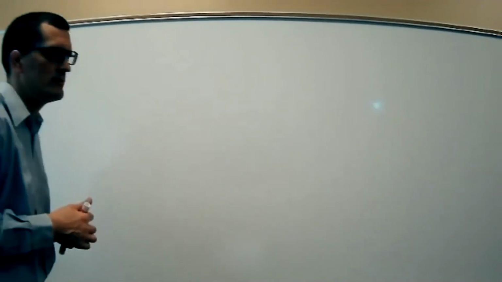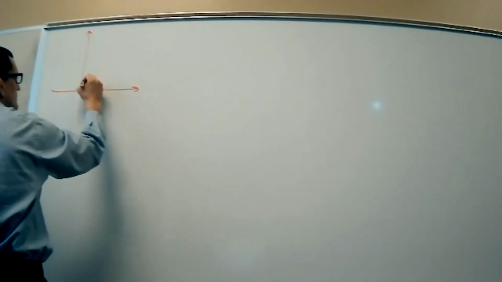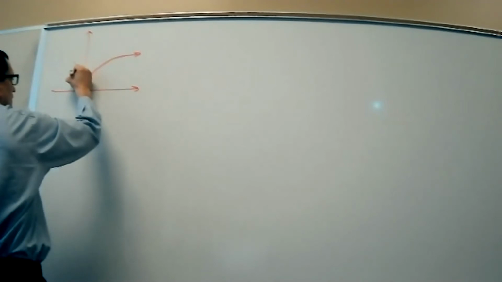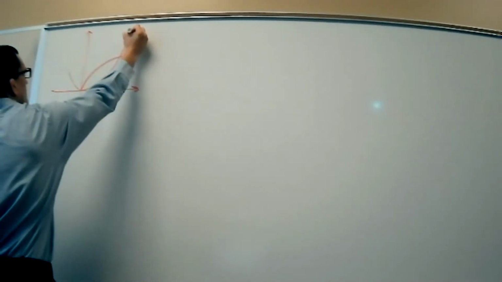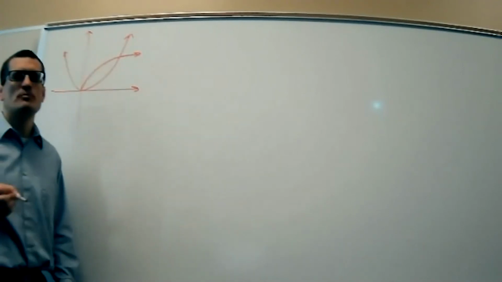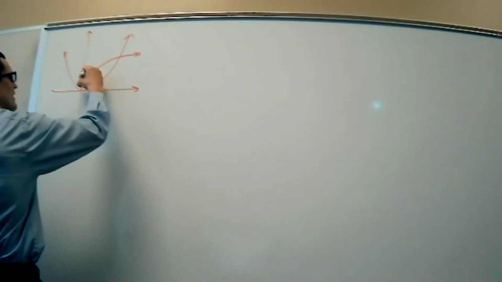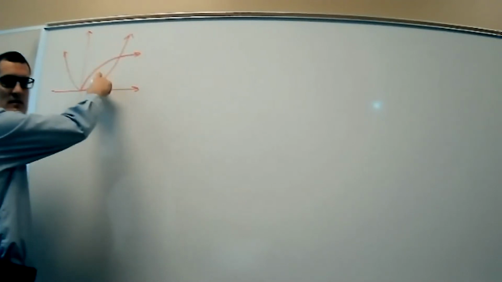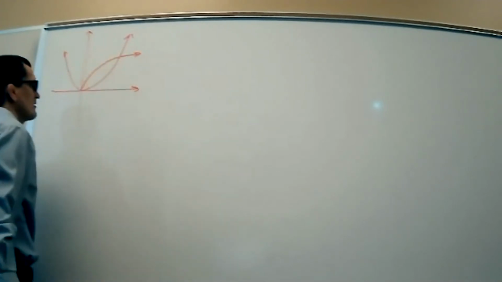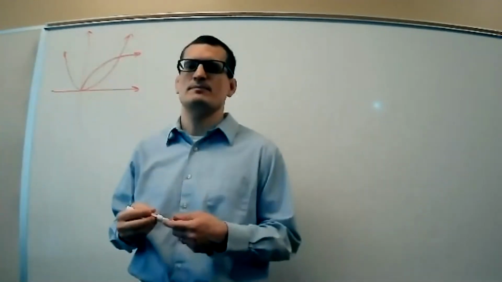So, like usual, I'm going to start by drawing this. If this is the y-axis and this is the x-axis, the square root of x does this, and x squared does this. So the bounded region that these two create is this one in here. It's this little, I don't even know what to call that, weird shape.